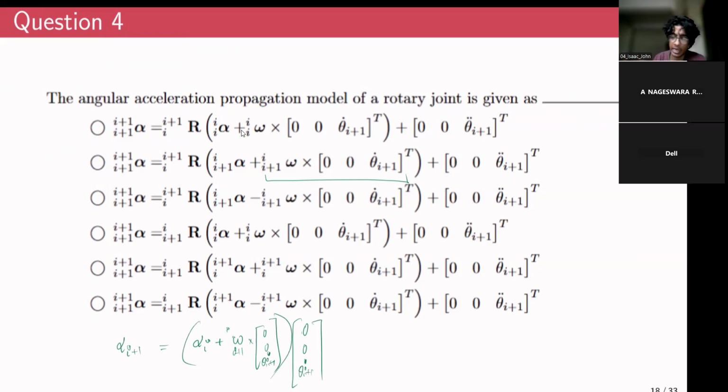And then we have to bring everything back to the I plus 1 frame. All these things will have to be brought to the I plus 1 frame. This part over here was already represented with respect to I plus 1 frame.